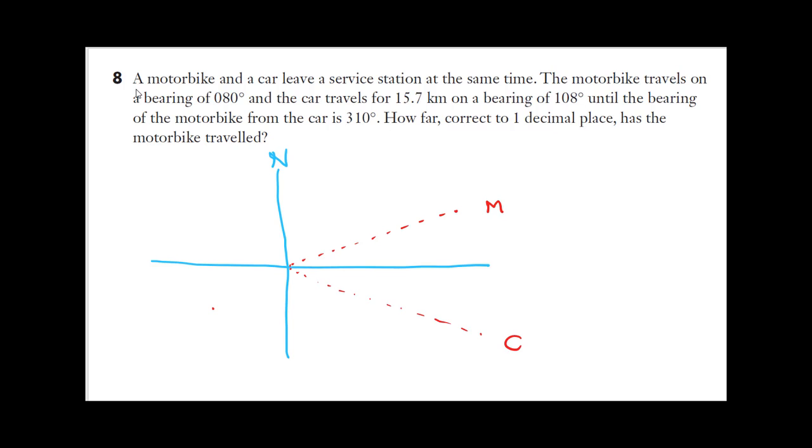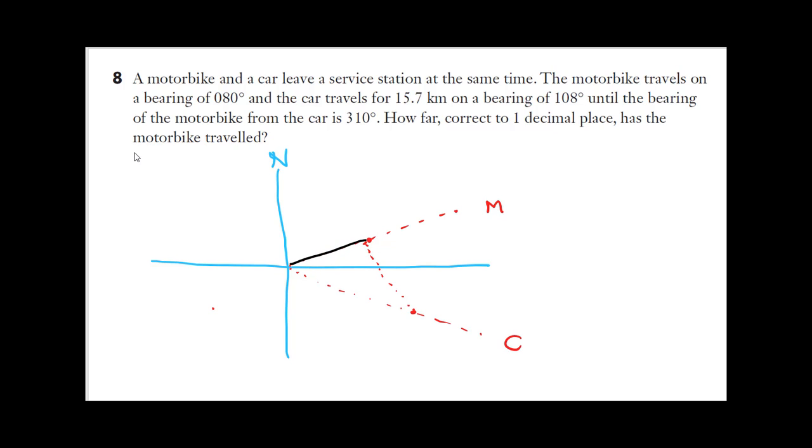And it travels until the bearing of the motorbike from the car is 310 degrees, so assuming the car is here, the motorbike will be back in this direction. Because if the car was here, for instance, 0 or 360 would be straight up, so 310 is going to be back in this direction. So I'm just going to finish that up there. Because I've used a red pen there, I might just change that to black.